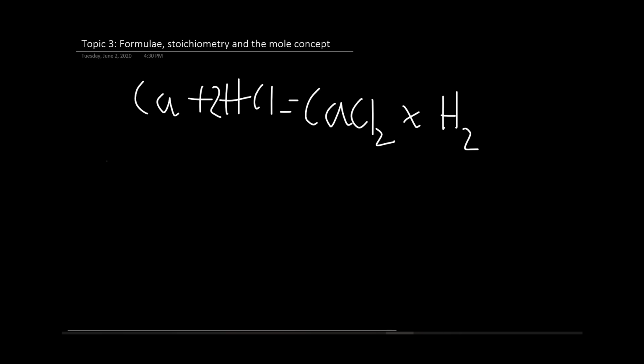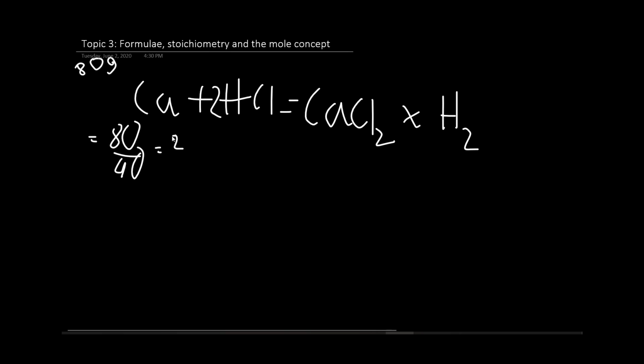Next, for instance, you're told that you have 80 grams of calcium powder with you. From 80 grams of calcium, moles is mass by Ar, and the Ar of calcium is 40, so which is 2.